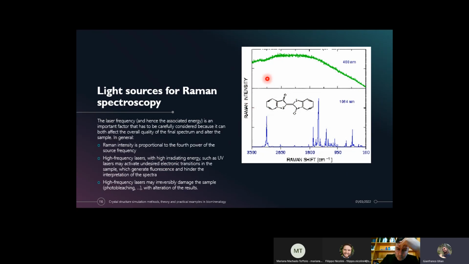Along your sample, is there no absorption of light? No, you do not have absorption.